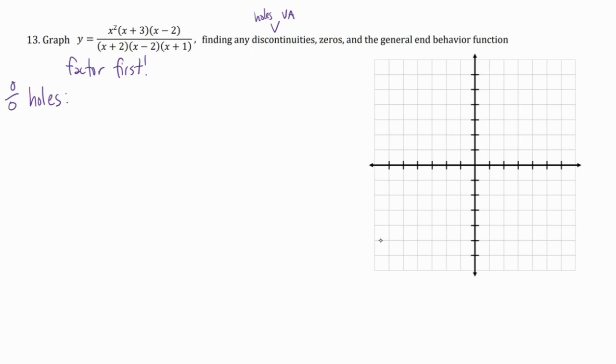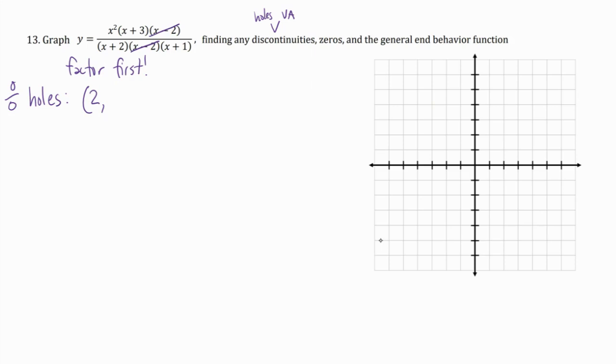Well, if you plug in 2 here and here, you would get 0 divided by 0. So we have a hole at x equals 2. The reason we want to find our holes first is it's basically what you can cancel in your numerator and denominator, and that gives you where the hole is going to occur. So again, it's the x value where you can get 0 over 0 for a rational expression.